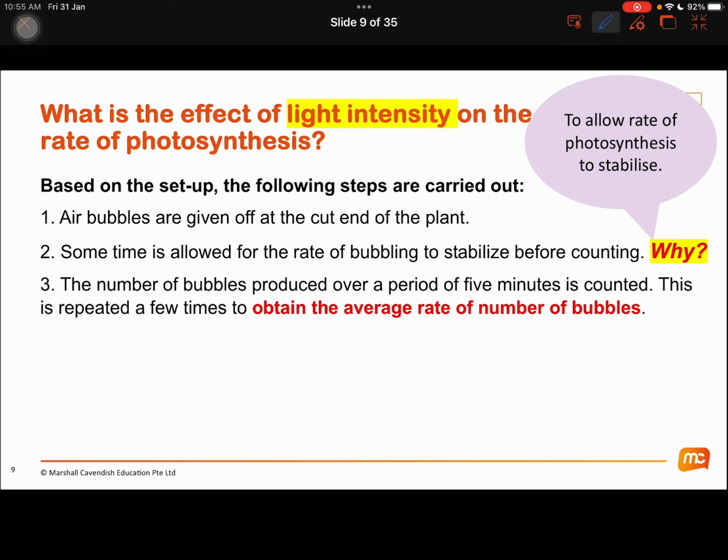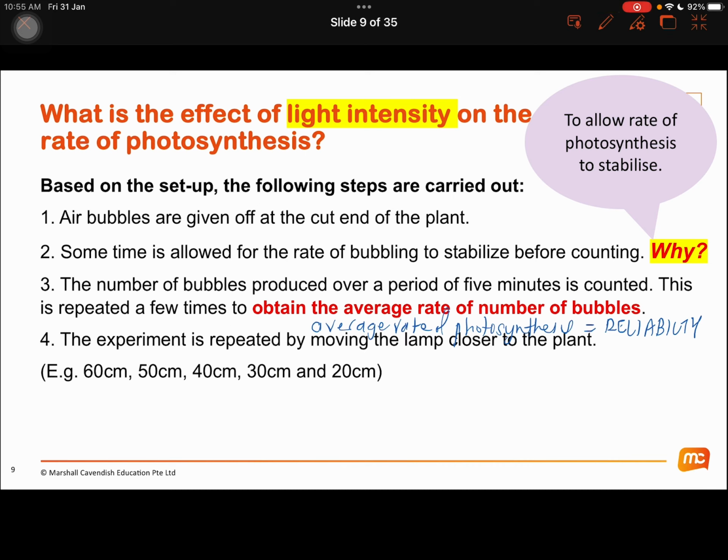So we can find the average rate of photosynthesis, which will increase the reliability of the experiment.